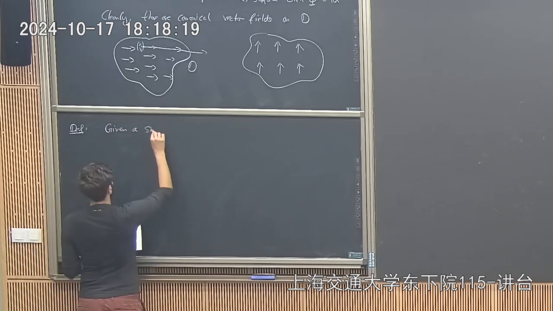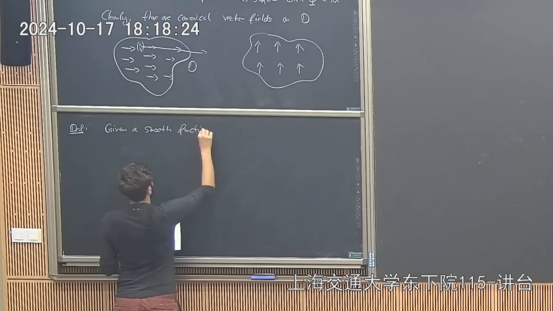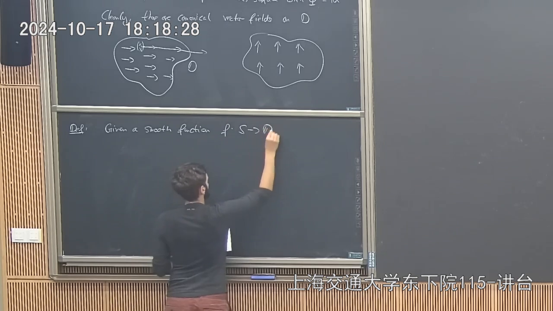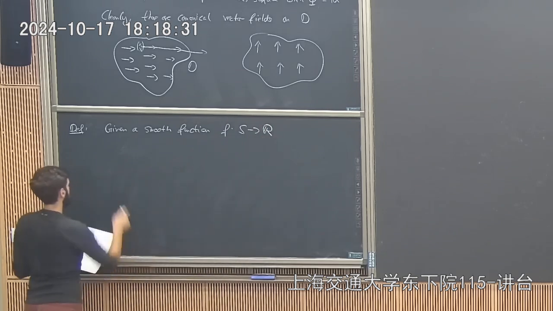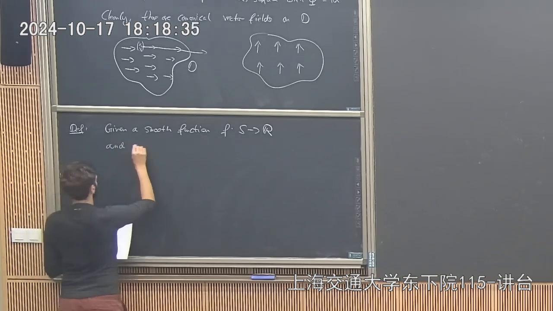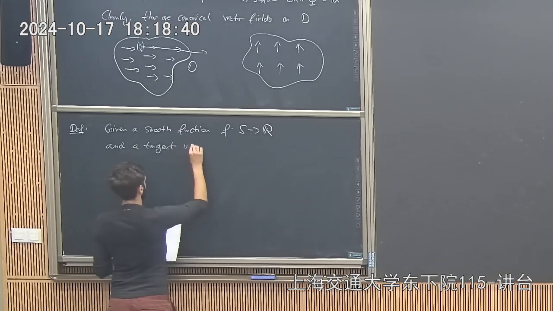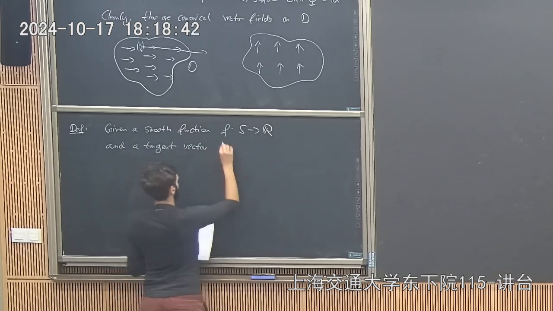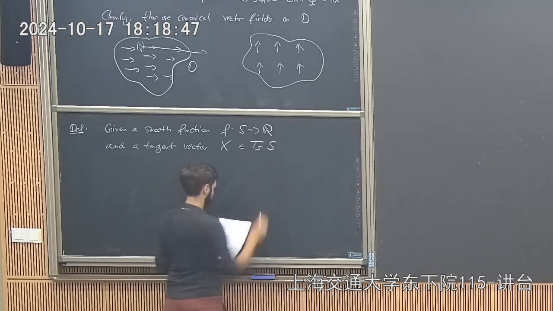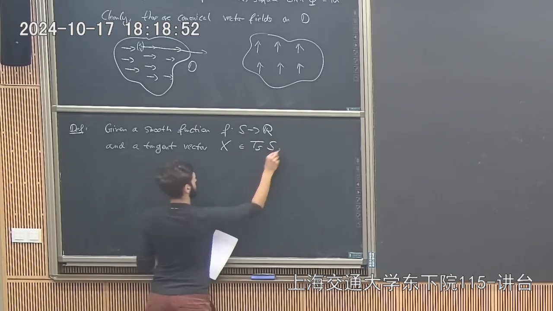Given a smooth function defined on the surface, and the tangent vector, say x at one point of the surface. Then we can associate it with this data.